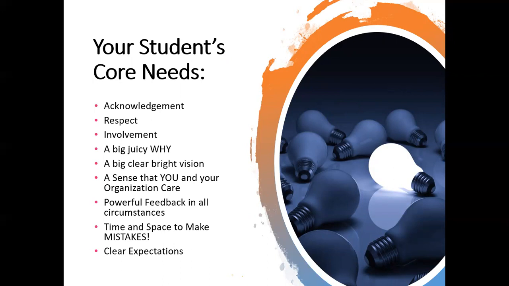Okay. We want to create a sense that you and your organization care. We want to give powerful feedback in all circumstances. And we want to give them time and space to make mistakes. And even after they make mistakes, we want to reaffirm what they did well. Okay. And we certainly want to set clear expectations.